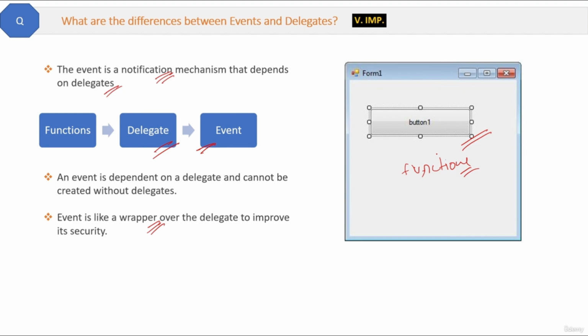No, as a developer you cannot modify those. Whatever is happening behind the event, like which delegate it is calling, which function it is calling, you cannot do anything. So that is the security which the event provides to the delegate, so that the developer or anyone else cannot change the mechanism behind the event. So that is the event. It's a notification mechanism, and it uses delegates.